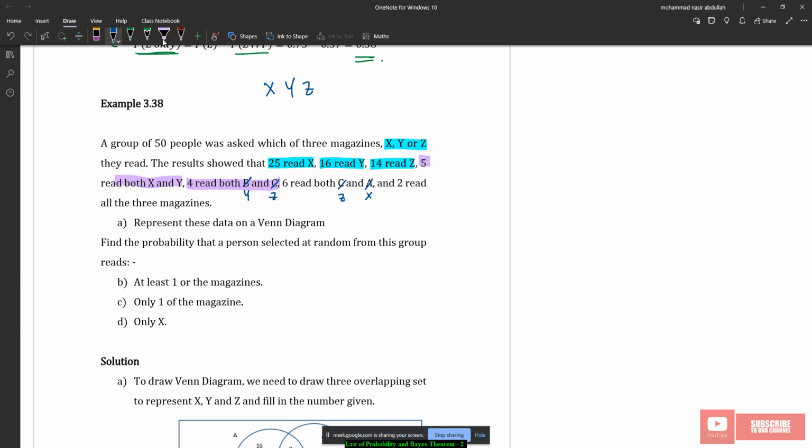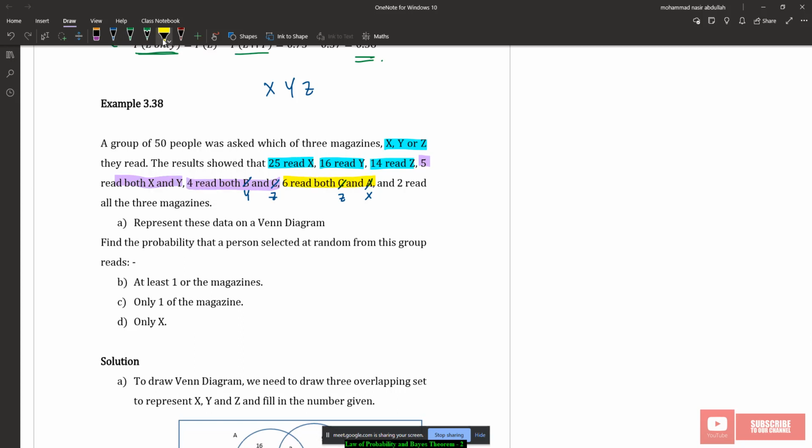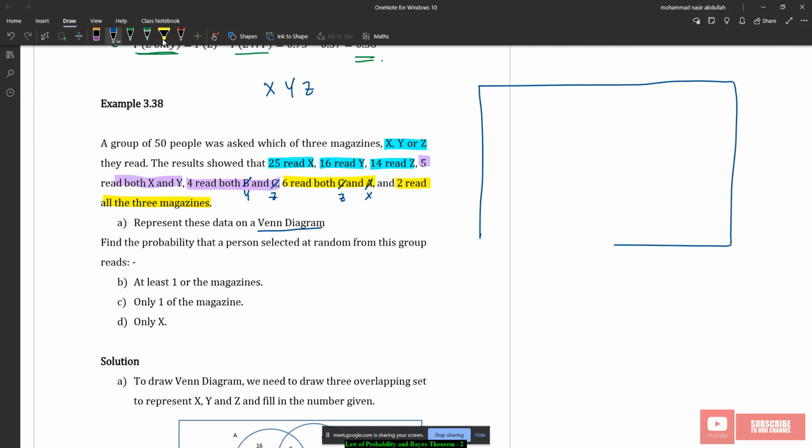So 4 read Y and Z, 6 read Z and X. 2 are reading all 3 magazines. So here they ask us to draw a Venn diagram. So kita buat satu gambar rajah Venn yang besar.